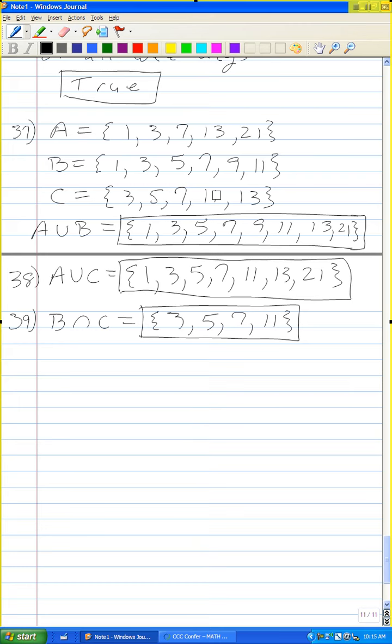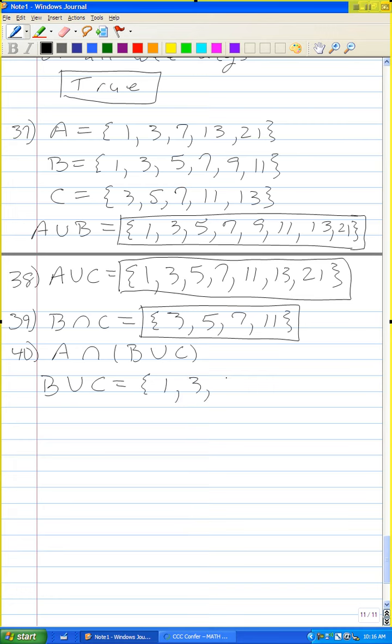40. A intersect B union C. So first let's determine B union C. What's in B or C?